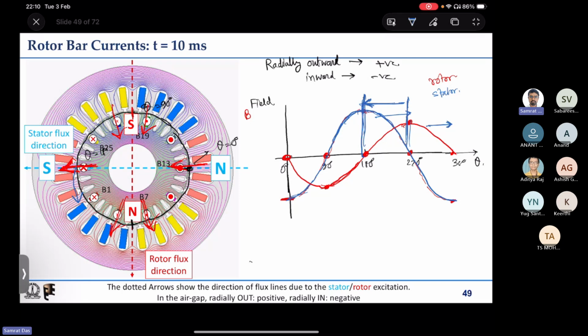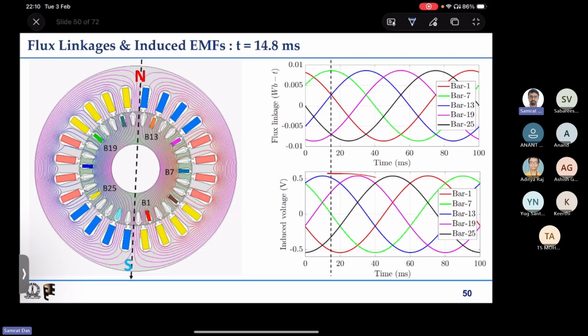So the stator one is leading the rotor one by 90 degree, means the energy transfer is happening from the stator to rotor, that is it is motoring in nature. Now the same phenomena can be looked at the other instance also.